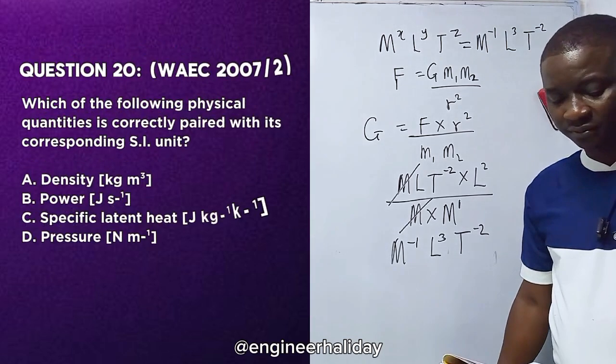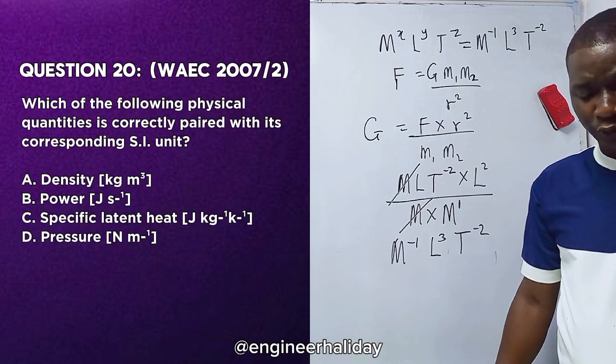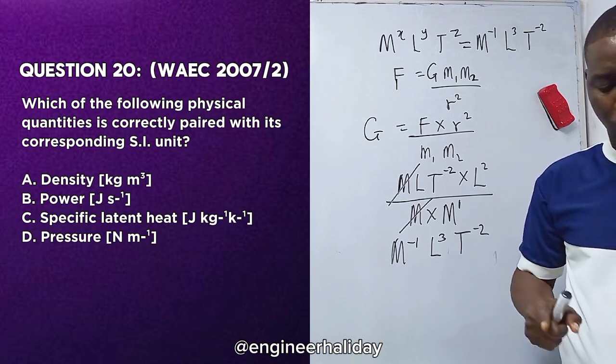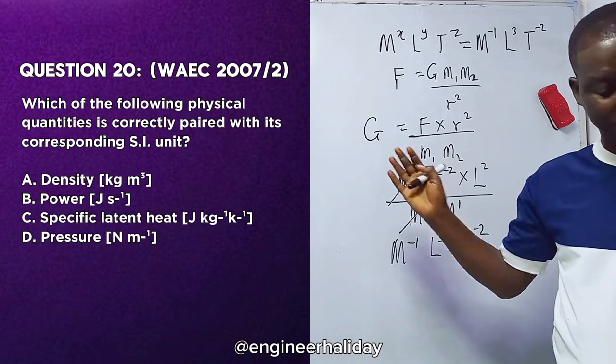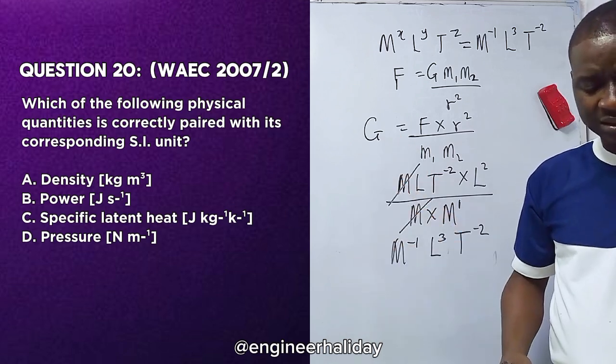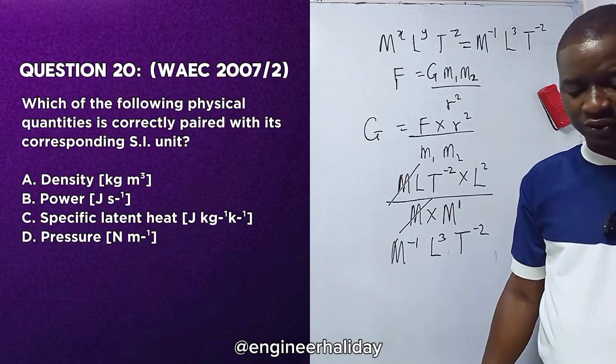Number 20 says, which of the following physical quantities is correctly paired with its corresponding SI unit? Don't forget, number 19 is coulombs, while kilograms, seconds, and meters are fundamental. Check all this analysis I've done. I believe you should be able to get that.